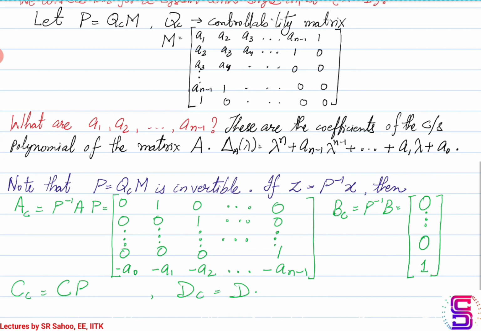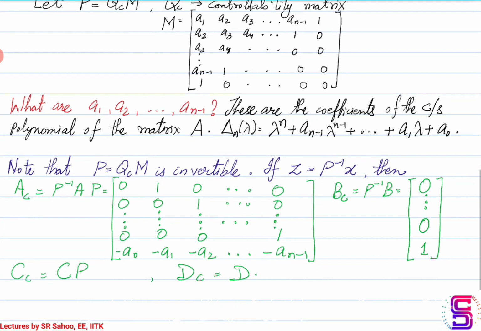So whatever coefficients are present in the characteristic polynomial of A, the last row is composed of the negative of those coefficients. If you get a matrix in this form, you can straight away say that the characteristic polynomial is lambda^n plus a_(n-1) lambda^(n-1) plus a_(n-2) lambda^(n-2) and so on, plus a1 lambda plus a0.